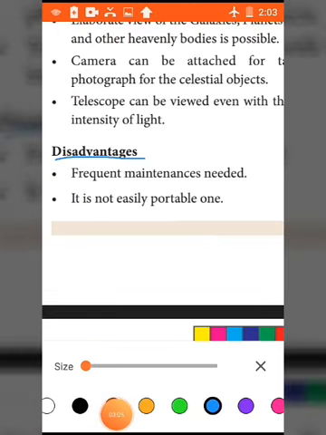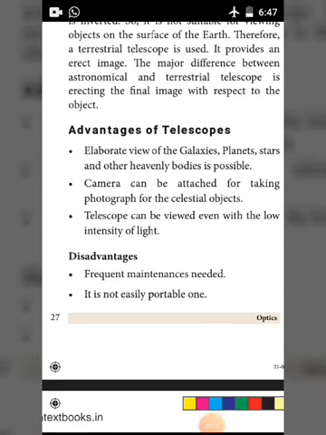The next one, disadvantages of telescope. See the first point, frequent maintenance is needed. Frequent means many times. So we need to maintain the telescope many times.